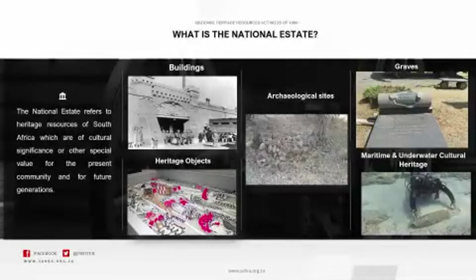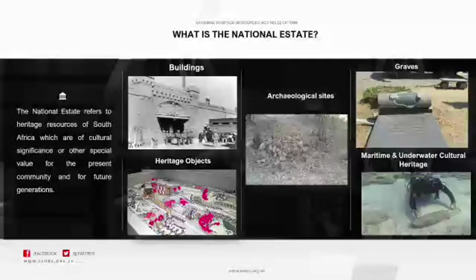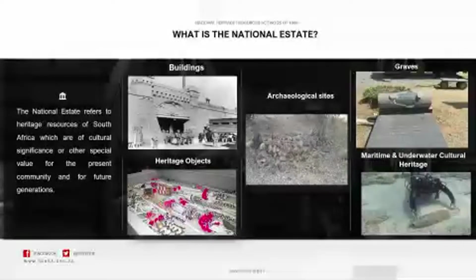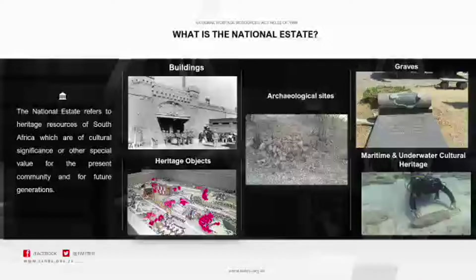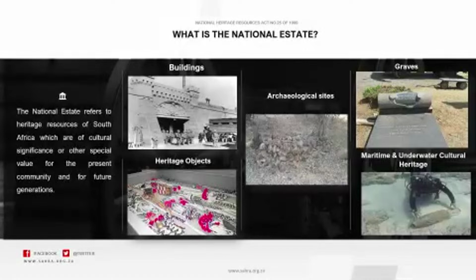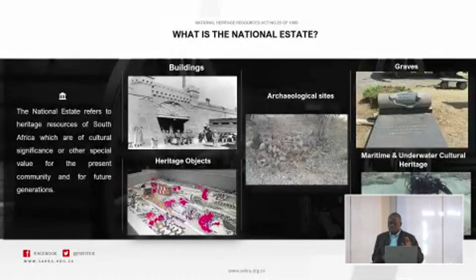Right? So investigations had to be done to try and see how did it get where it was. SARA works with the police as well to try and curb some of those. Some time ago, we also found an auction of archaeological stones. I don't know where this person picked them up, but they decided it was a good idea to auction them, etc. So yeah, I'm just giving an example on heritage objects.